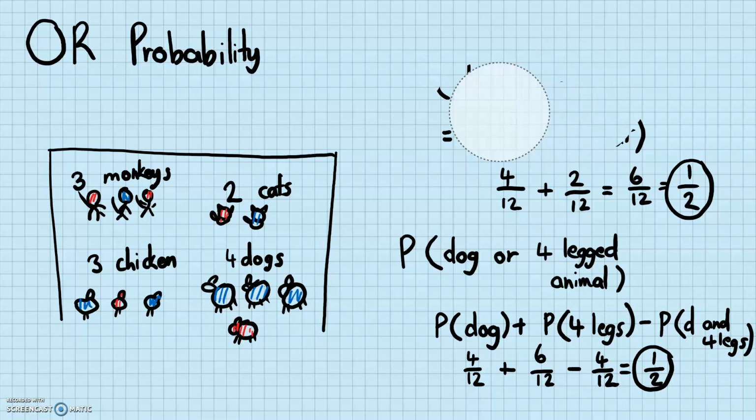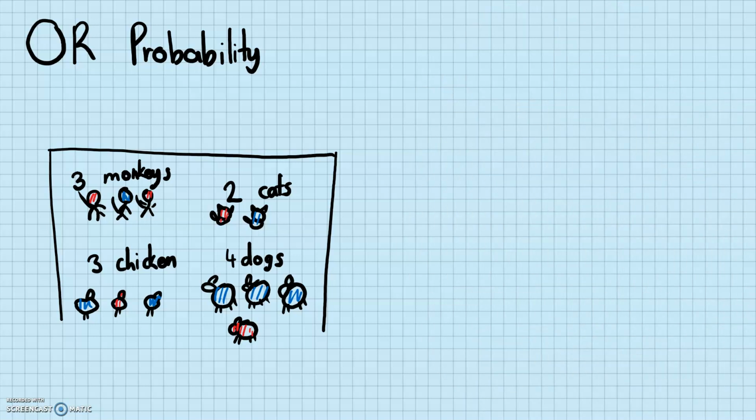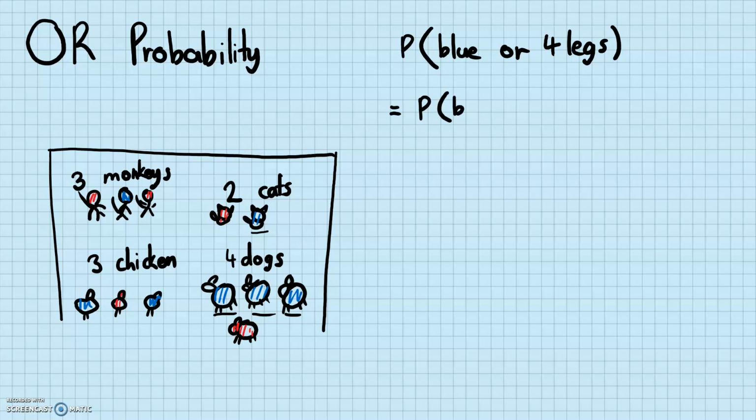So what is the probability of picking a blue animal or a four-legged animal? And is this mutually exclusive? Is it possible to pick both a blue animal and an animal with 4 legs? And it turns out, yes, there's a cat, and there are a couple of dogs that are blue. So this is not mutually exclusive.